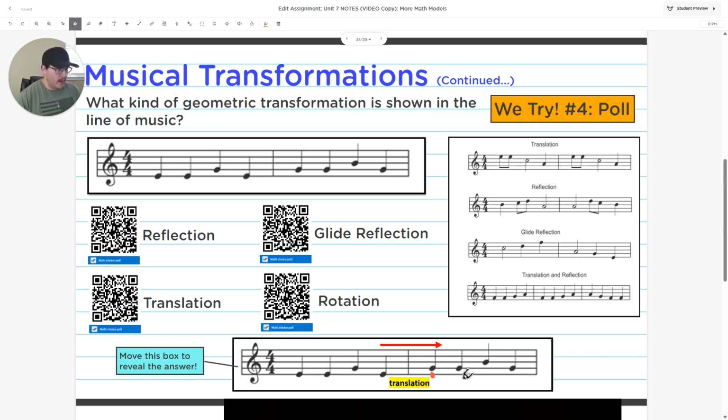Here were the original points of the notes, and they all moved up once. So there's a translation. There's no reflection going on, especially because you can't reflect this up here or this through a common line. They can only be translated up.